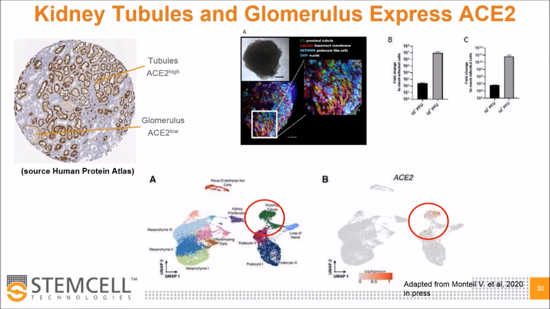On top of this, in the same paper, they validated this platform to be used for drug screenings. Specifically, they tested human recombinant soluble ACE2 and showed that it is able to stop the proliferation of the virus in the kidney organoids, as you can see here.